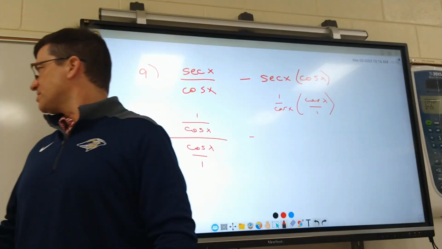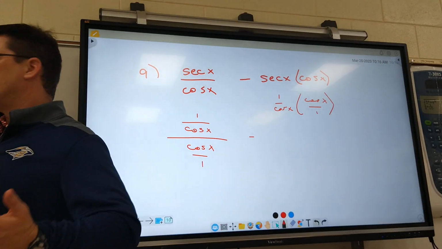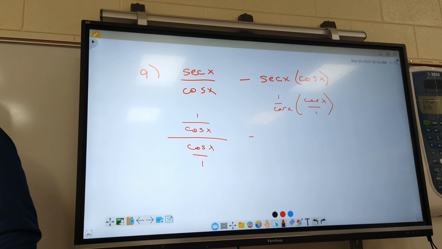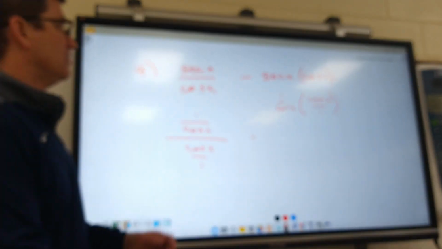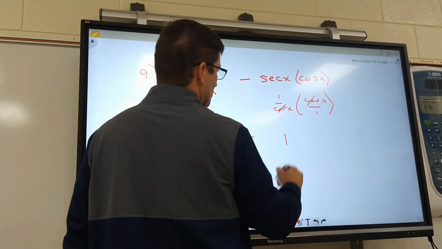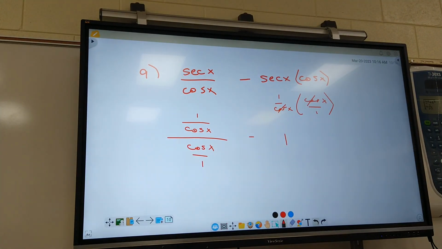Matthew, let's notice secant and cosine are inverses of each other, which means they're opposites of each other, right? Anytime you got to multiply the ones that are opposites of each other, it's going to give you 1. Because look, doesn't that cosine cancel that cosine? So in the future, know that trick, and it'll save you some work. If you ever have to multiply tangent and cotangent, it's going to be 1.